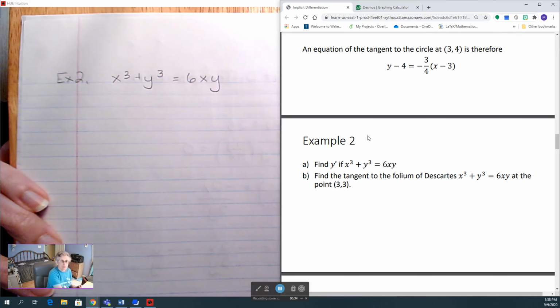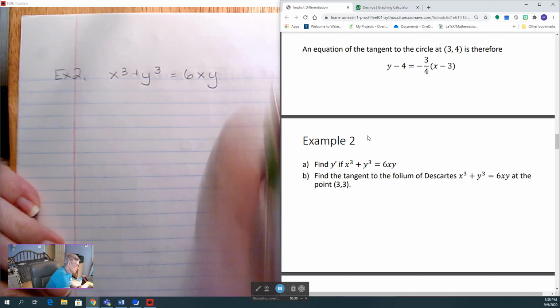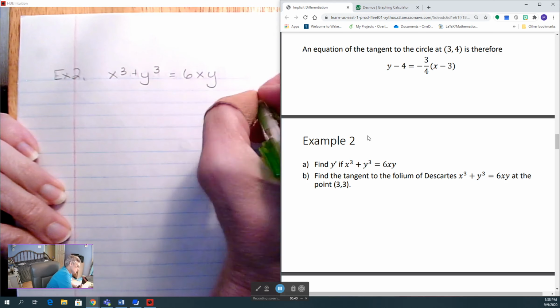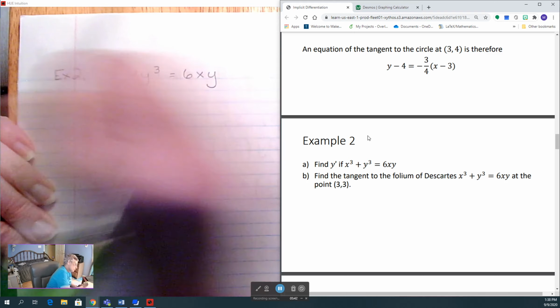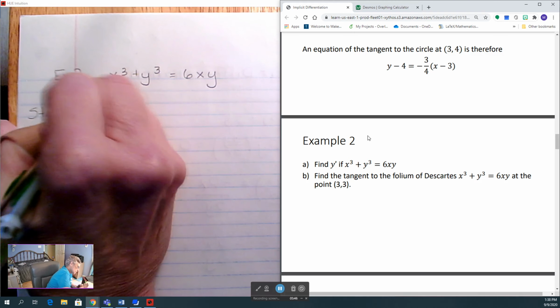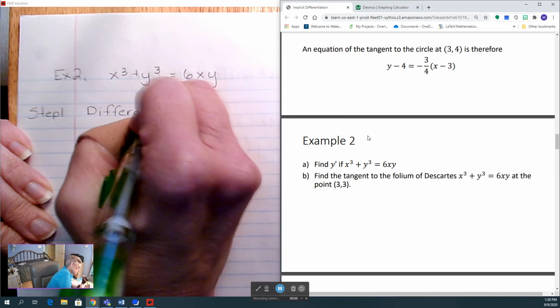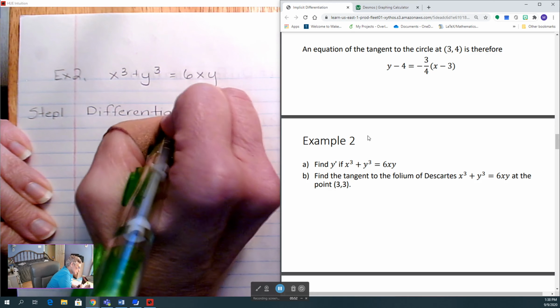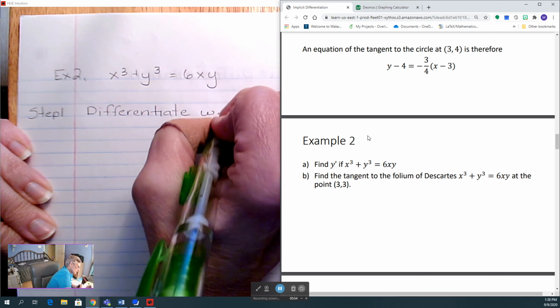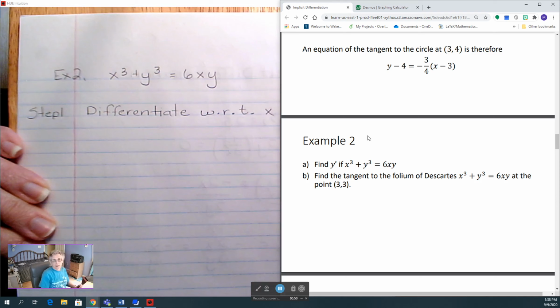So, first thing we do is take the derivative of everything with respect to x. So, step 1, differentiate with respect to x.